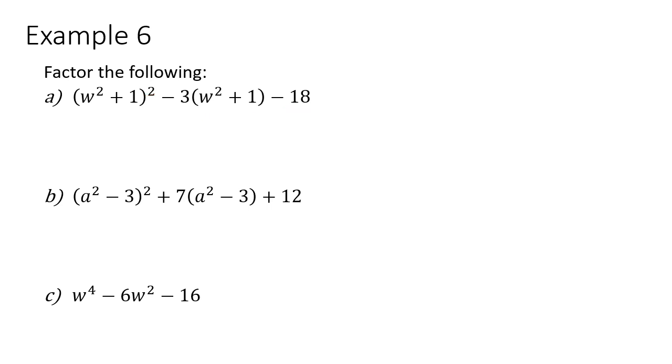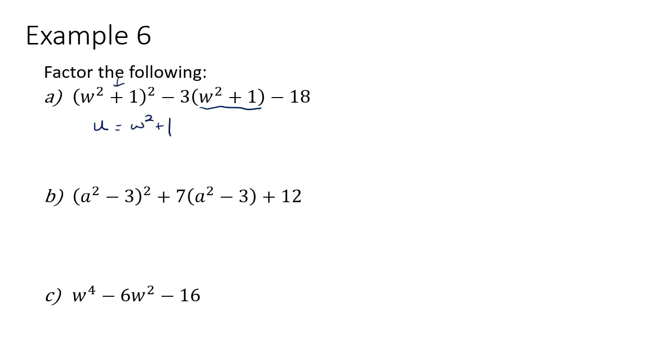So we're going to make a substitution to make it easier to see. The letter we usually use for substitutions is u, but you can honestly use whatever letter you want. Let u stand for the term that shows up and then shows up again squared. In this case, u is going to be w squared plus 1.